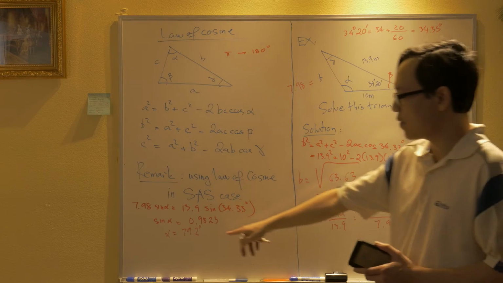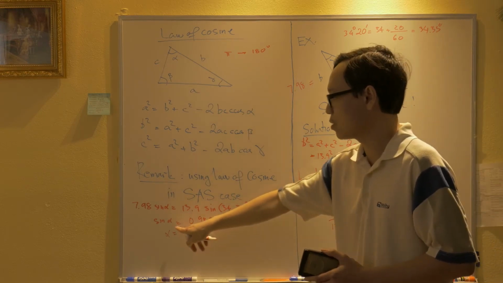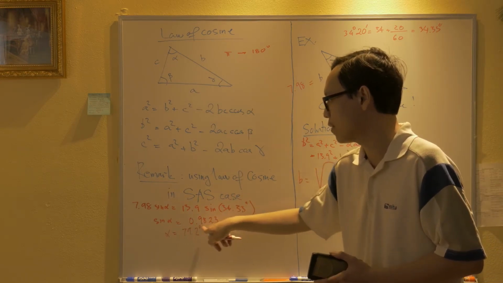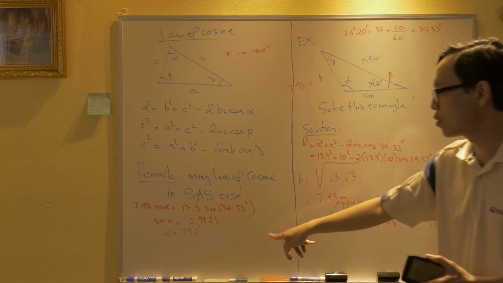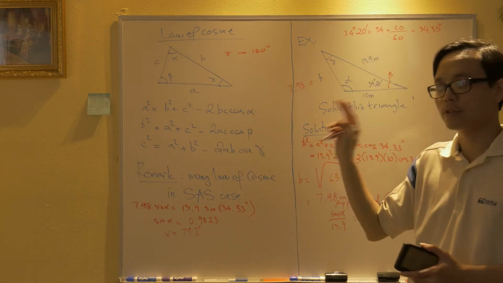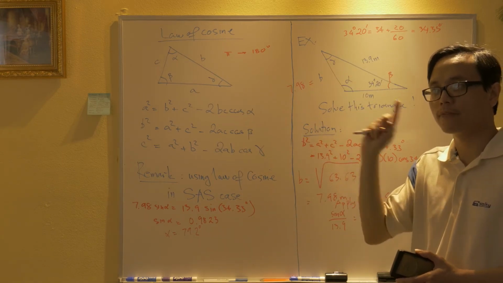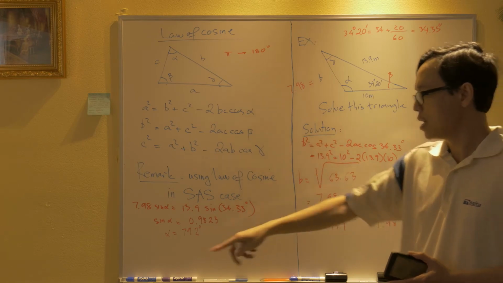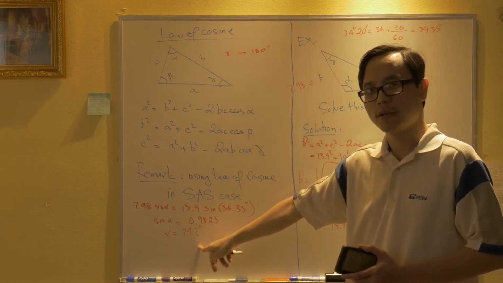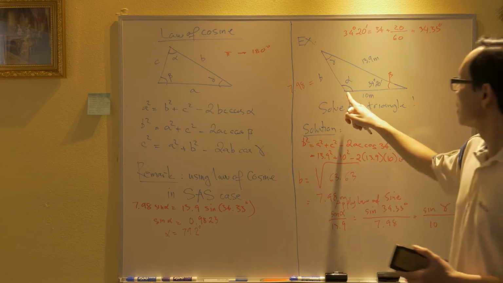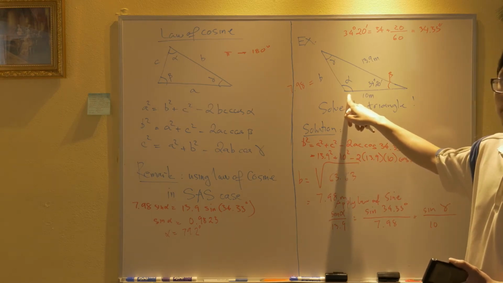So it's not 79.2. When you solve this equation, sine alpha is 1.98223, which is positive, so sine positive is in the first quadrant and the second quadrant. This is the first quadrant. So we're not going to take it, because the question says alpha is an obtuse angle.